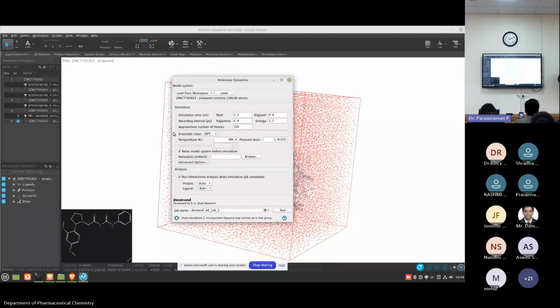Each step is considered a particular frame. You can download each frame and visualize how the complex is behaving in the simulation at that particular step.